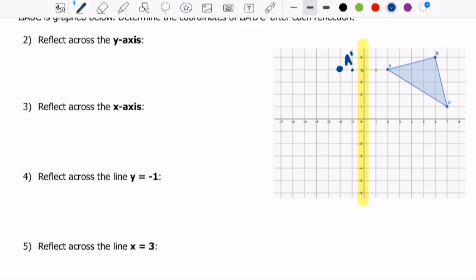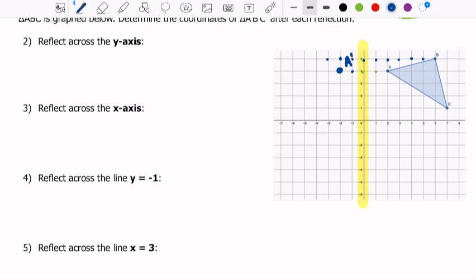Okay, B is 6 units away, so it's going to be 6 units away on the other side. Okay, same thing with C. C is 7 units away. So 7 units away on the other side is C prime.